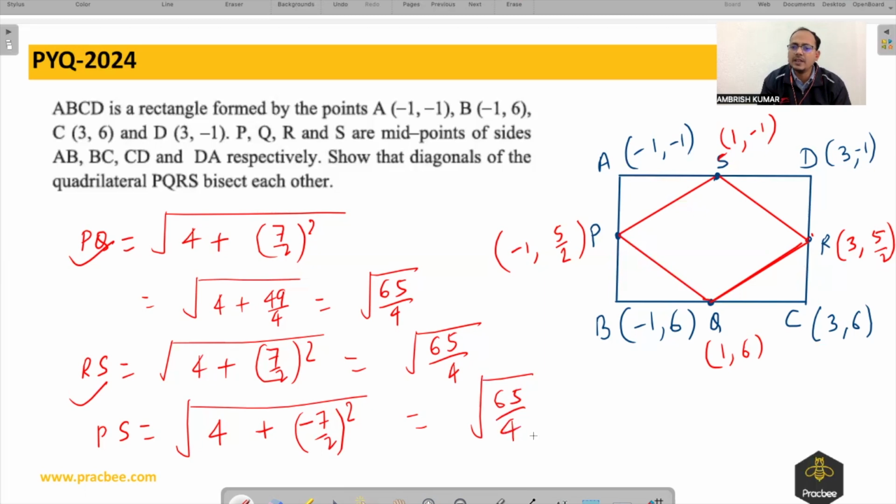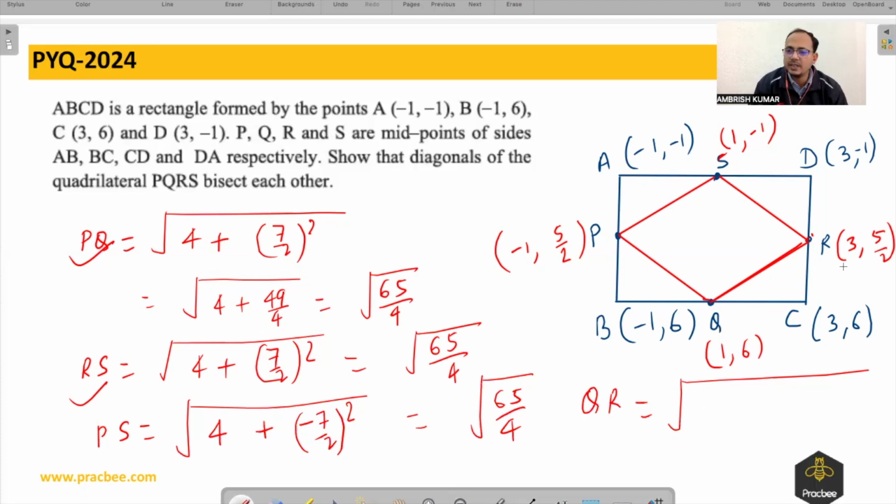In the same manner, you find the distance QR. QR, from Q to R, is going to be (3 - 1), 2 whole square, and (5/2 + 2)... 7 by 2 whole square.